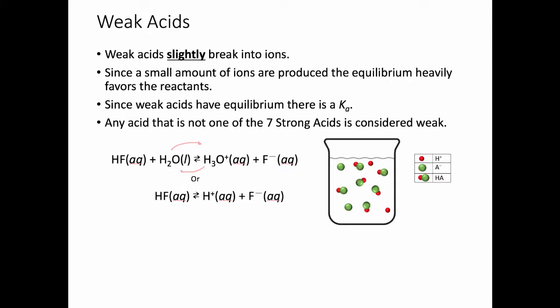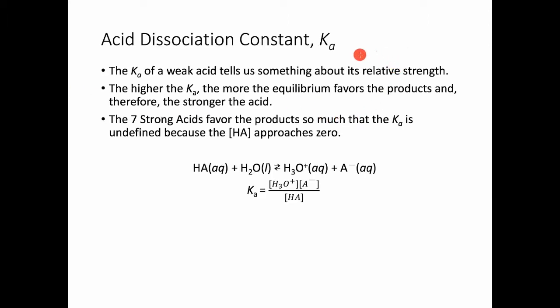Okay, so let's take a look at that a little bit more closely. So the acid dissociation constant tells us the relative strength of the various acids. Now, this is where things get a little confusing. We have weak acids, but of those weak acids, some of them are stronger than the other ones. Okay, these are not the 7 special strong ones, so keep that in mind. So if I have a hierarchy of weak acids, I can determine which acid is stronger.